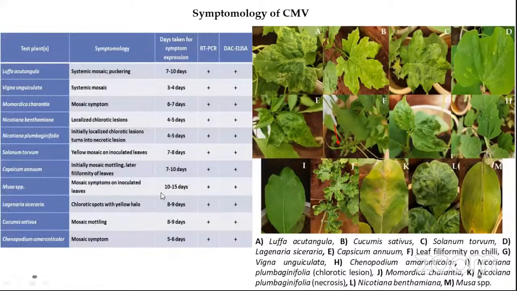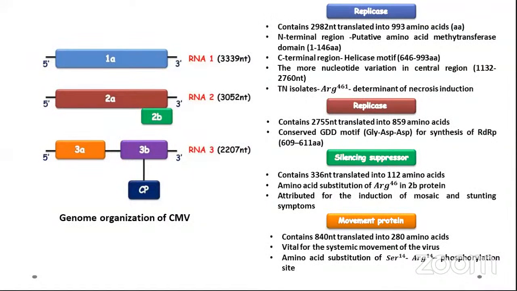Localized and systemic infections were observed in different host plants. Localized lesions were observed in the Nicotiana species, and systemic infection in most of the host plants. The presence of CMV in the inoculated plants was confirmed through RT-PCR and dot ELISA analysis.